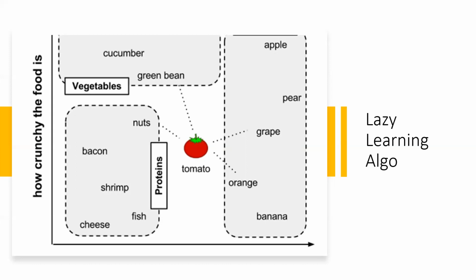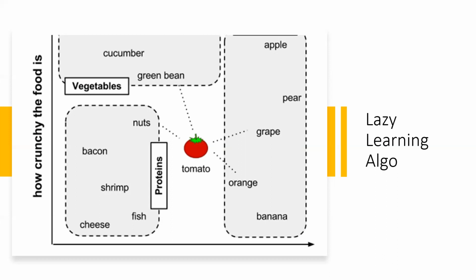So what you have to do is figure out, for example, whether a tomato is a fruit or a vegetable. Okay. Based on historic data, you have all the characteristics of fruits and all the characteristics of vegetables in front of you.